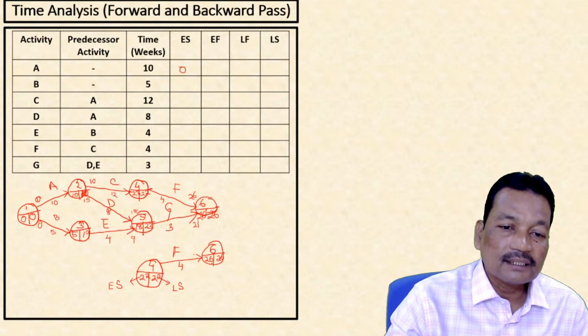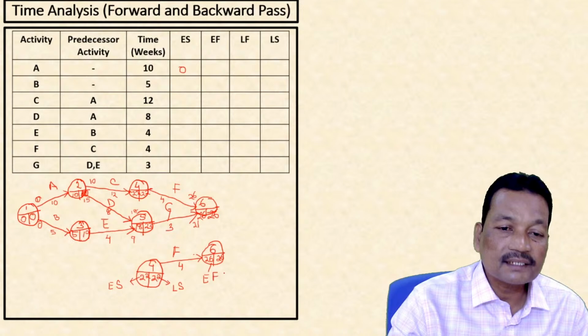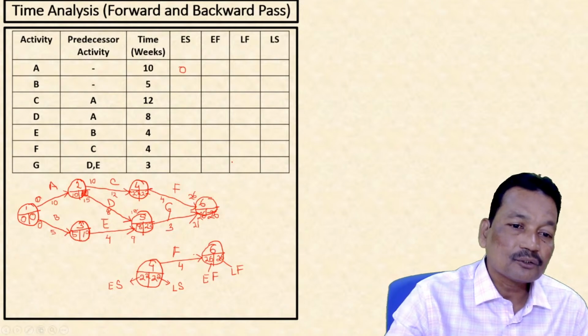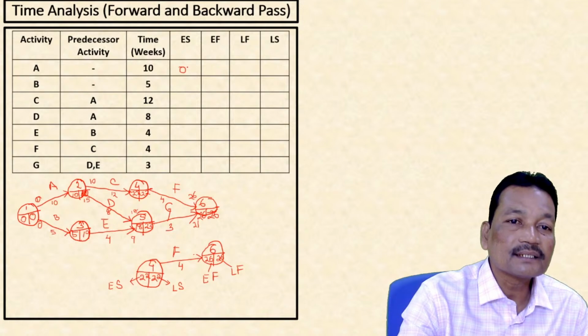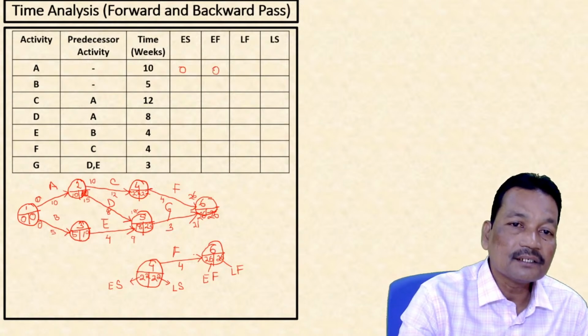So this is the earliest finishing time. This is the latest finishing time of an activity. So now for F, the earliest I can put is, for A, it is 0. Earliest finishing time is 0.